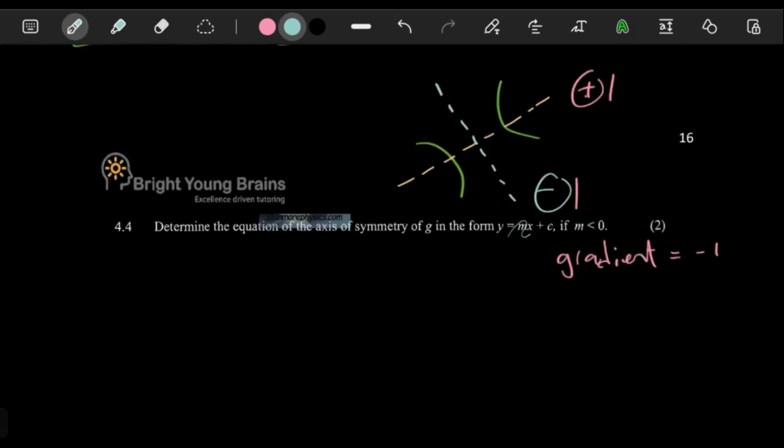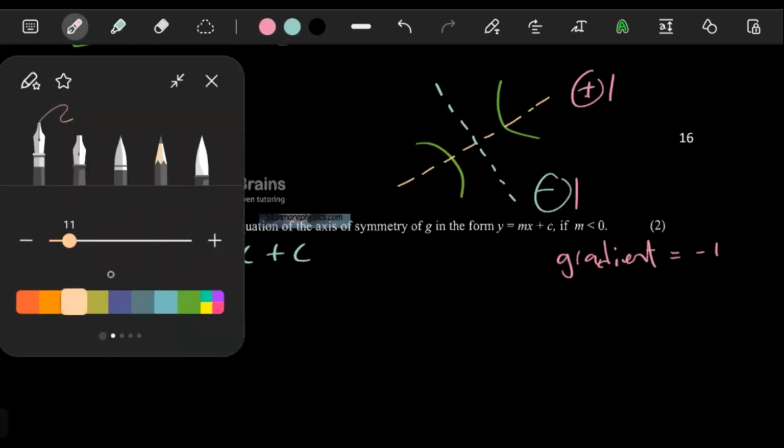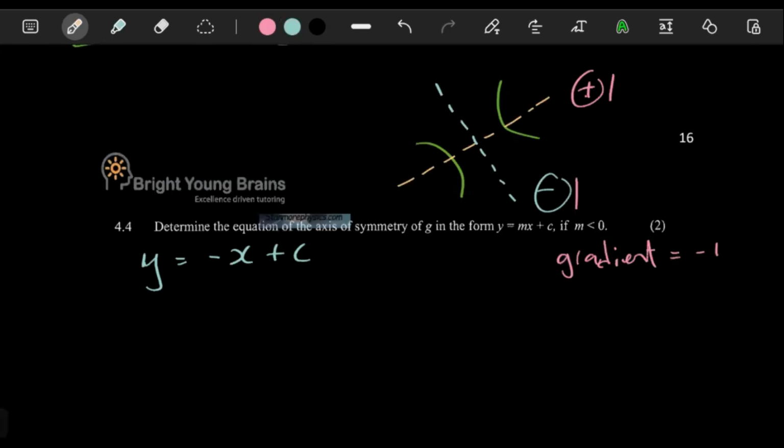So if they want the negative one, already you know that your equation is going to be y is equal to negative x plus c. You just need to get a y-intercept. The easiest way to get a y-intercept is to remember that you can use this format to get the equation of a straight line.